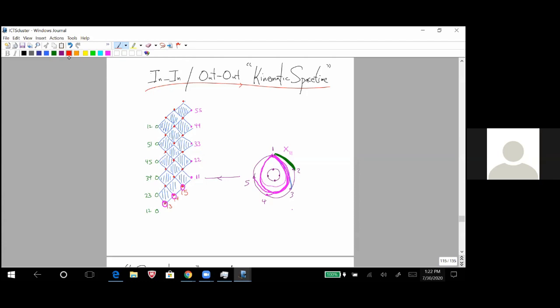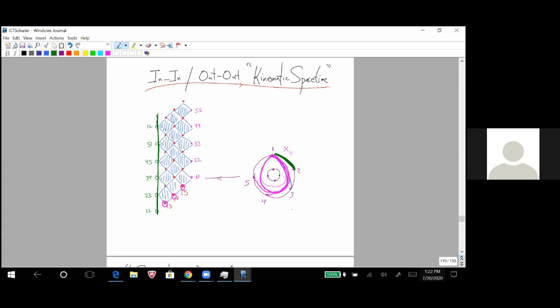I complete the whole picture, and again I get something that looks like a kinematic spacetime. Now, as familiar from before, we still have these 0 boundaries on one end. We don't have the analog of the 0 boundaries on the other end. Instead, we just have these variables 1, 1, 2, 2, 3, 3, 4, 4, 5, 5. And this chunk here that I've drawn, again, covers all the variables that we see once and only once.